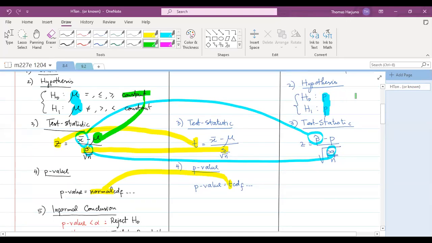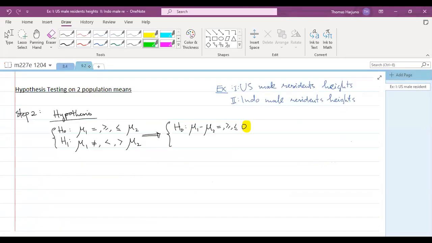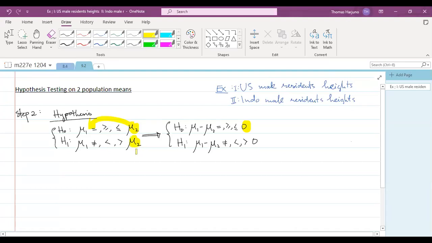So we need a constant in the null hypothesis to use in our test statistic formula. That's why I modified that such that I have a constant. Consequently, the alternate hypothesis will be mu1 minus mu2 not equal to, less than, greater than 0. If you think about it, I basically subtract both sides by mu2 such that I have 0 on the right-hand side. That's step 2.